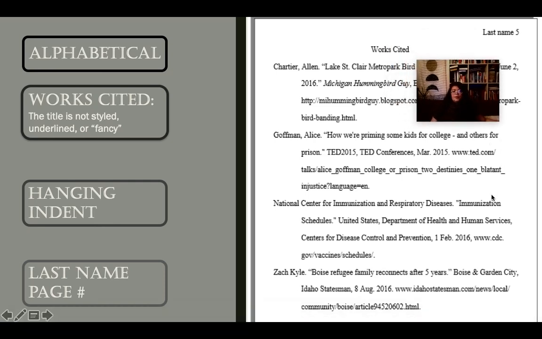So, in other words, when we look at our works cited page, we have it listed alphabetically. So I have C, G, N, Z, right? My citations are going alphabetically. Again, this just helps me locate what I'm looking for specifically on your works cited page faster.